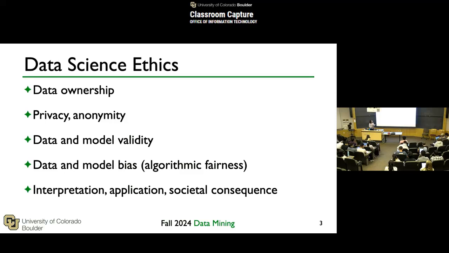Okay, for your model, there's data model validity, but more important is this bias. Okay, so there was an extreme example from one of the colloquium talks. Basically, in that particular case, they were trying to build a model to automatically grade, I think, high school essays.